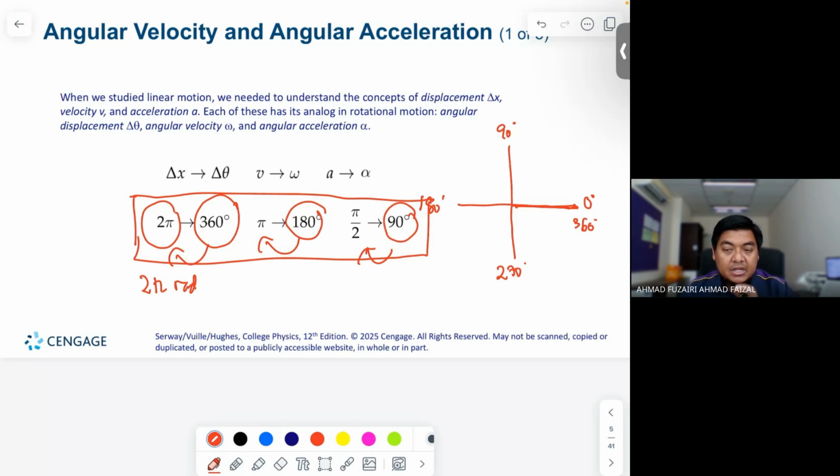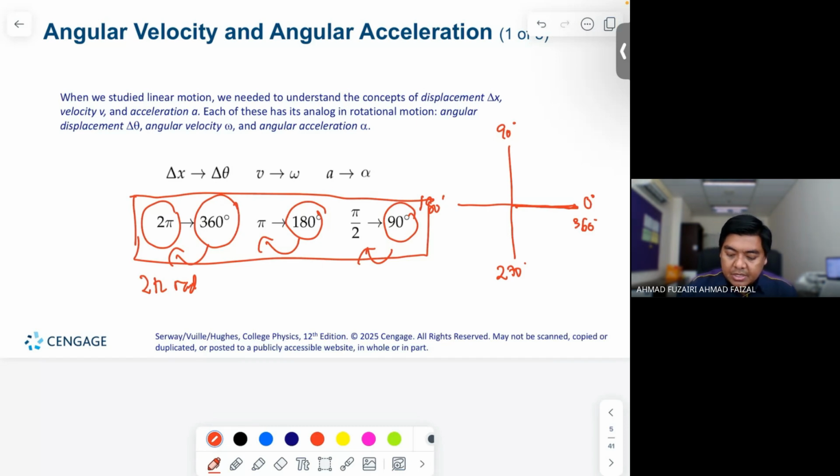We can change it in terms of what is the value in radian. So we have 2 pi for 360 degrees and pi for 180 degrees. Okay, so that is a little bit of conversion between degree and pi radian.